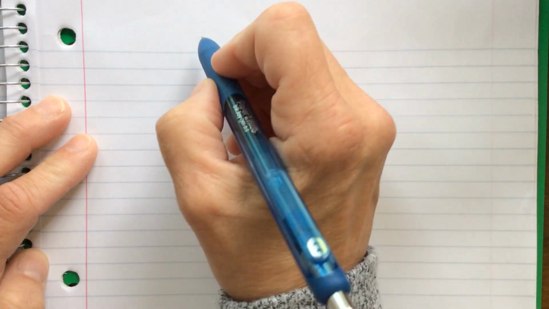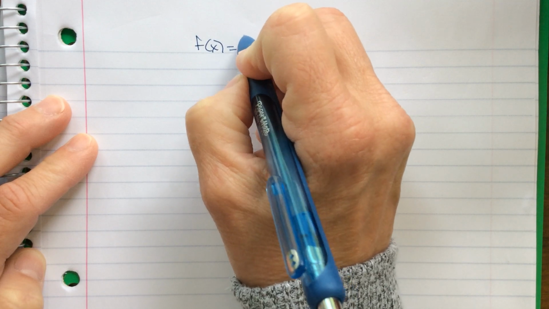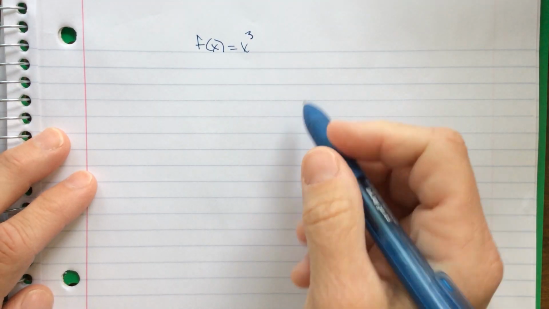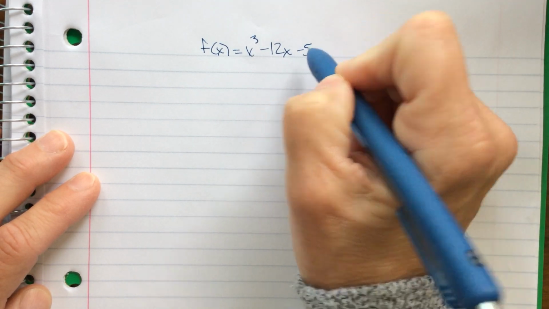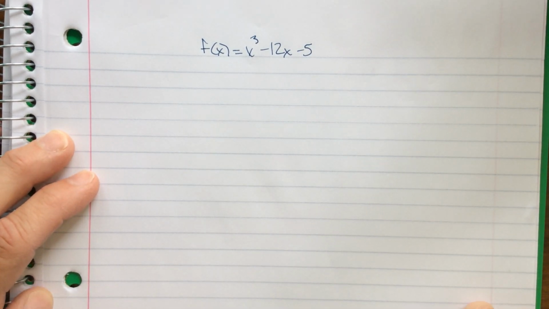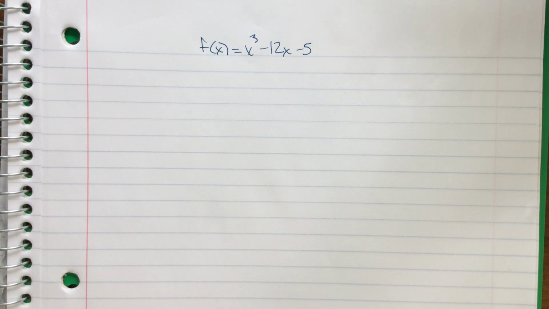So our first example that I want to start with is the one that's in your notes, and that is f of x equals x to the third minus 12x minus 5. In all the things that we want to find, if you're following along in the notes, we're going to need the first derivative and the second derivative.